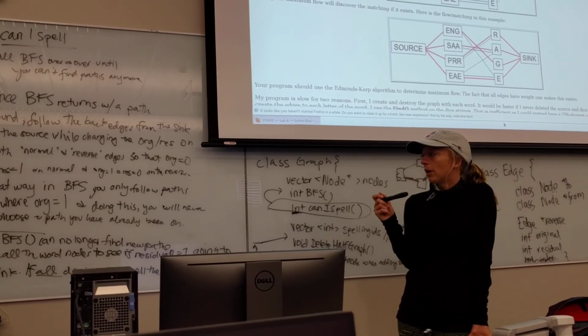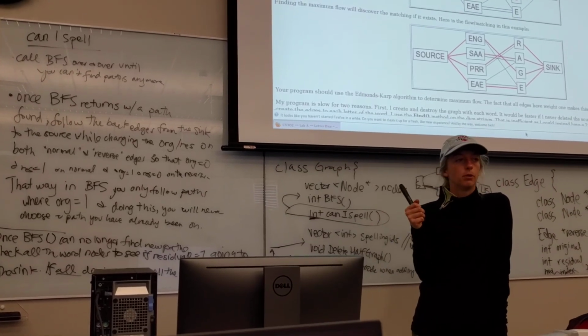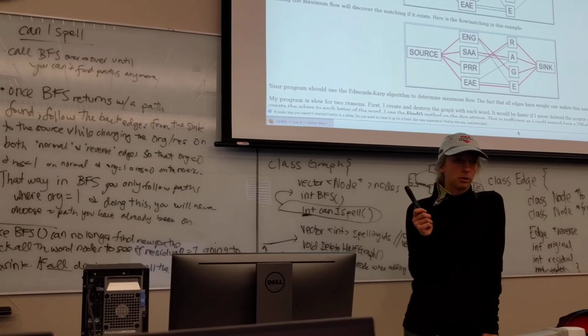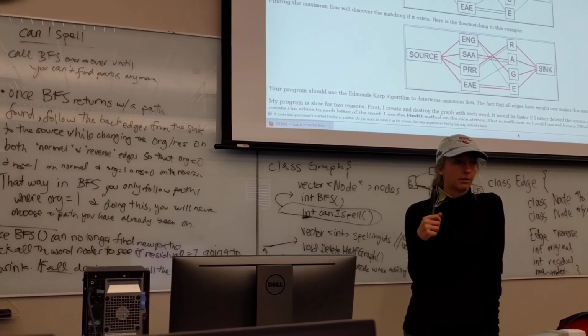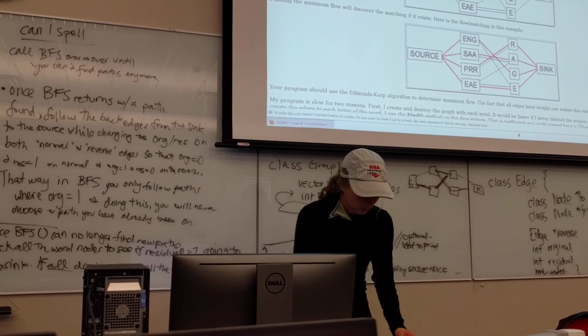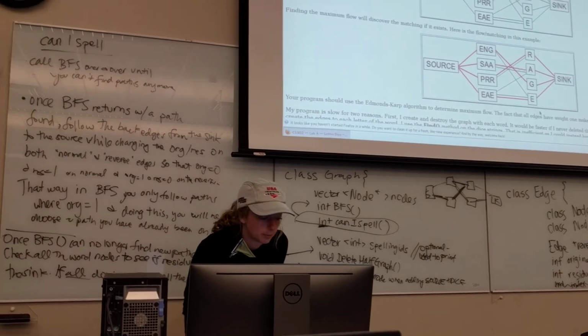But one thing that's a problem is that you would think the back edges would tell you what dice I used to spell this word. Not true, because you cleared them out a lot. So what you have to do is something a little more complicated, since the back edges can't be trusted anymore.